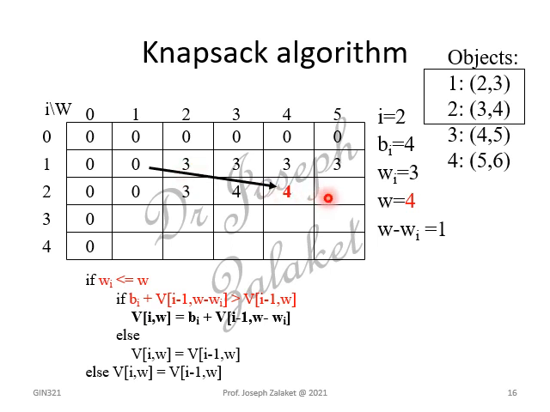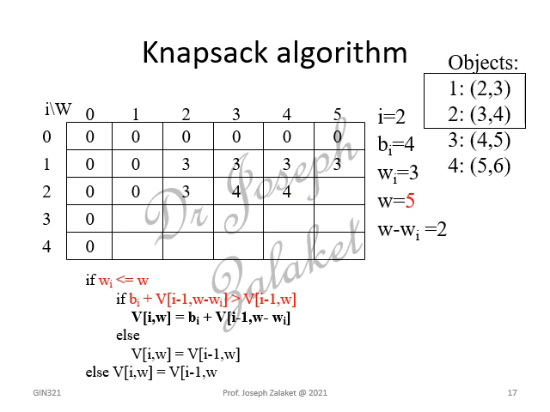We will add to it the value of 4. So 3 plus 4 is 7, greater than 3, and thus the value here will become equal to 7. Because, if you can imagine things, here at this capacity, which is equal to 5, we can have the two objects which can fit, object 1 and object 2. And their total benefit up to here is equal to 7.